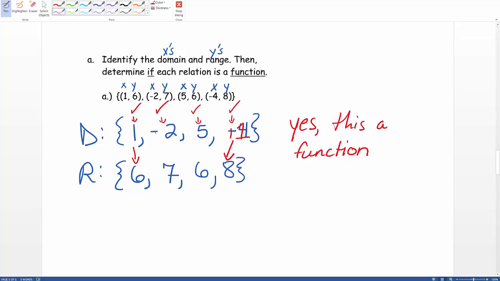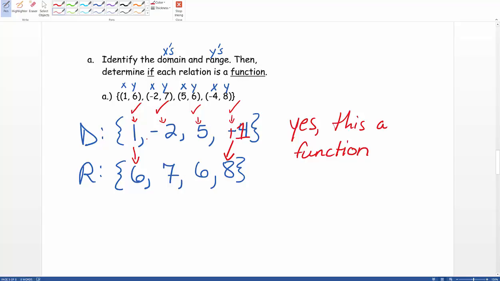And unfortunately, 1 cannot do that. 1 has to go to either 6 or 8, but it can't go to both. It's like the analogy we've used in class, where if you threw pepperonis into a machine, you should expect a pepperoni pizza and not a sausage pizza. It has to make up its mind.